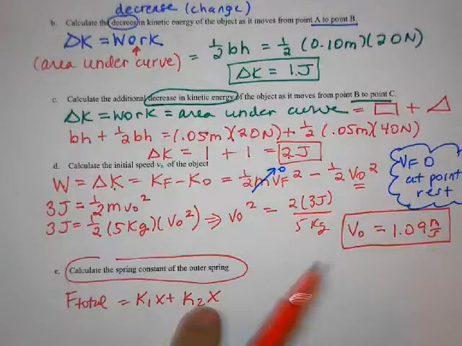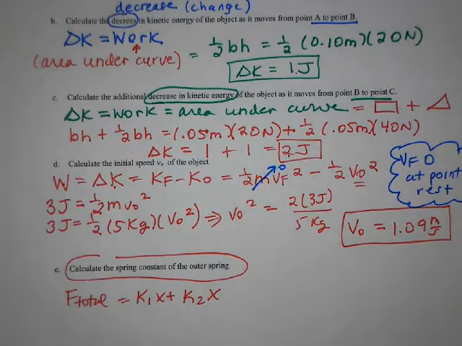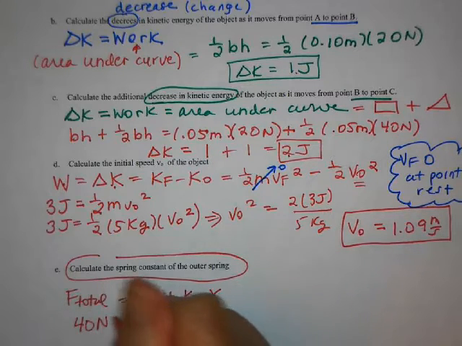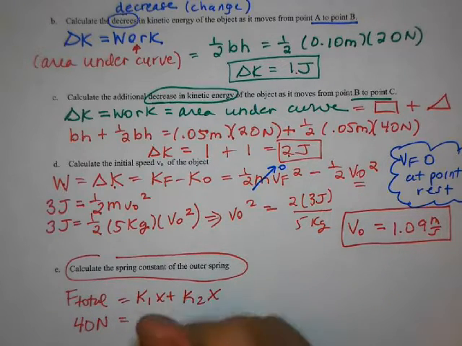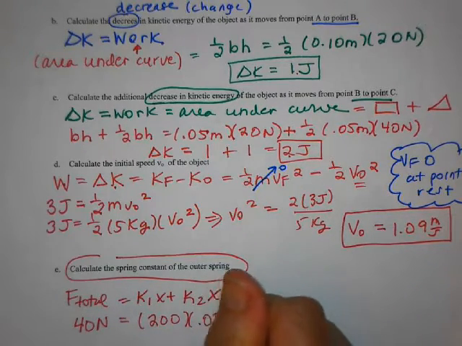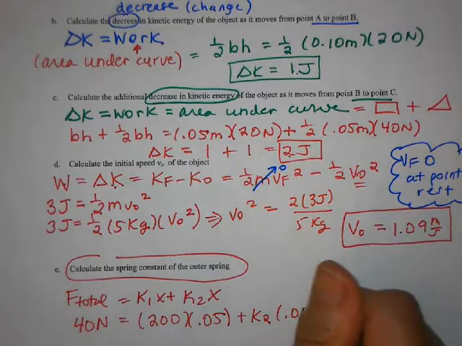So the total force, we're going to have 40 newtons is equal to 200, which I already knew, times 0.05 plus k2 times 0.05.